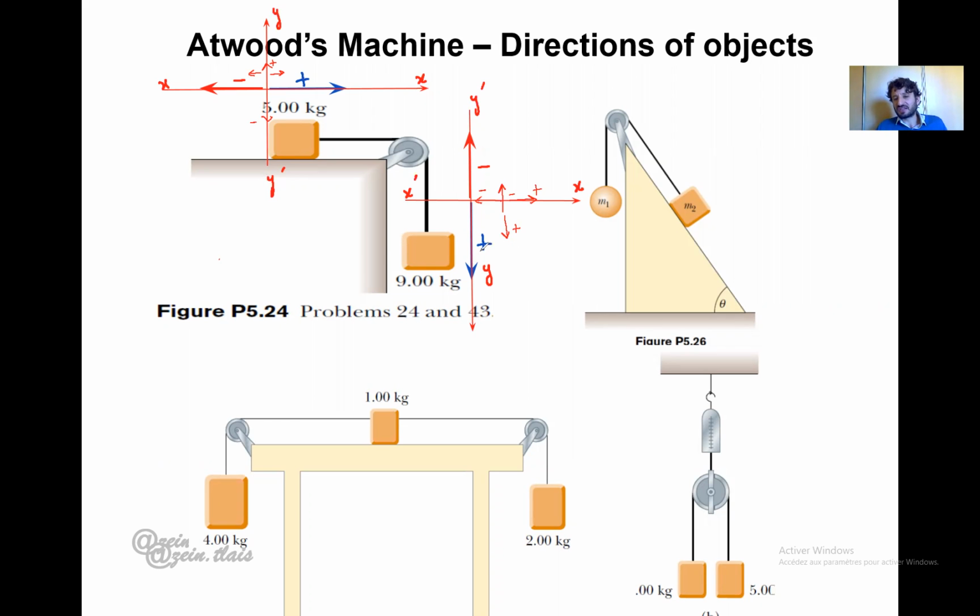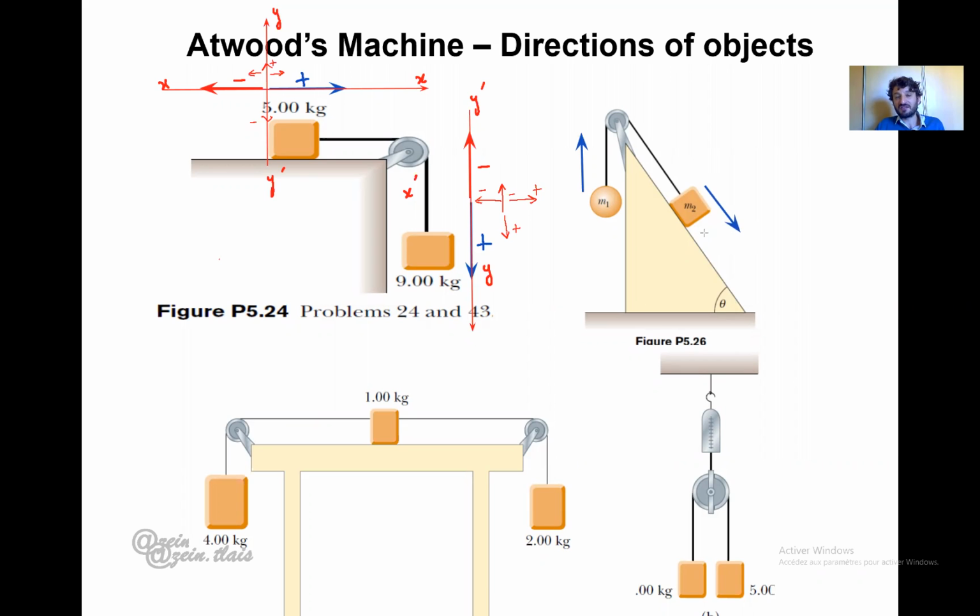Let's take another example, the second one. Here I don't know if the system will move to the right clockwise or anti-clockwise. We consider that the system moves clockwise. Okay, in this case, M1 moves up, M2 moves along the inclined plane.